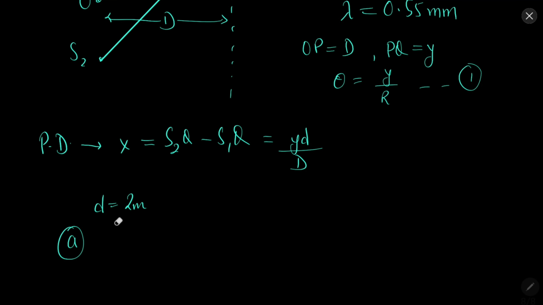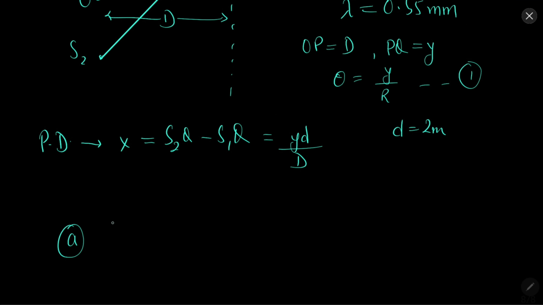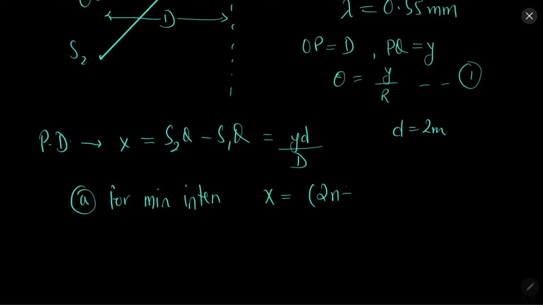So A part. For minimum intensity, x equals (2n plus 1) lambda by 2, and yd over D equals lambda over 2.